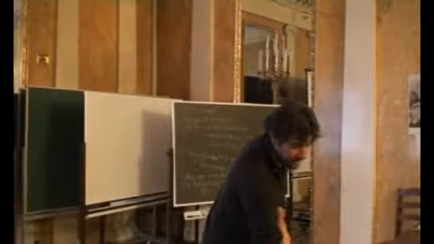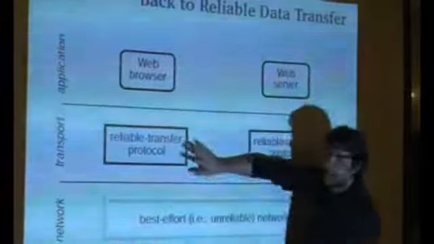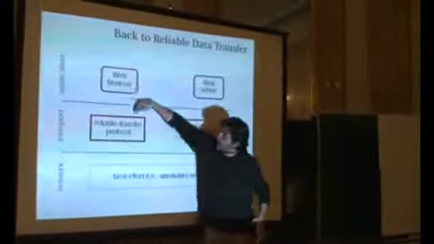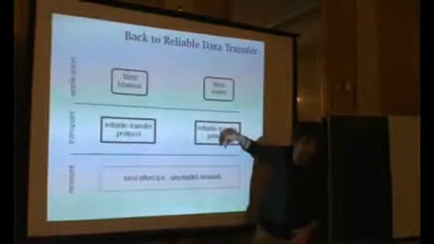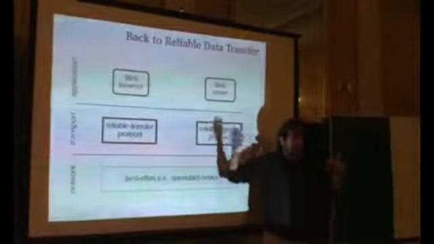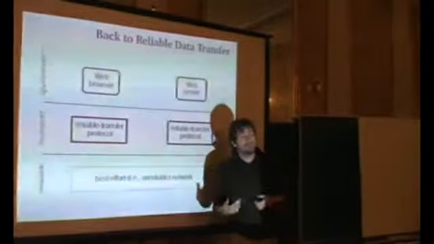So the architecture is like this. There's a best effort network, which means no guarantees at all. And what we talk about today is these two algorithms, these two boxes. They speak to the application back and forth here, and they speak to the network back and forth here, and they add reliability by spending time, effectively.